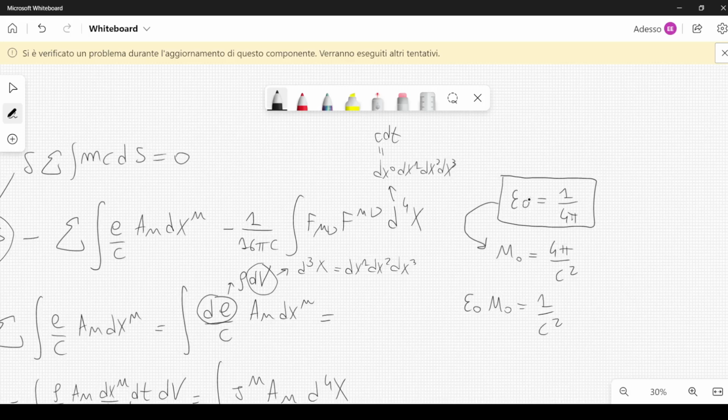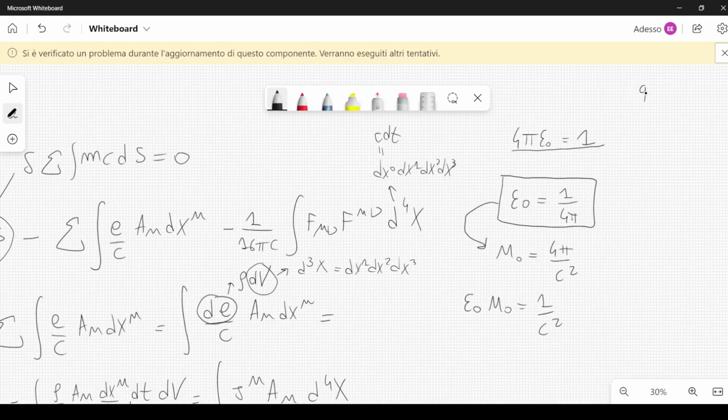And why is it convenient to write the equations in terms of this system? Well, because, for example, if you take a look at this, you see that 4 pi times epsilon 0 is equal to 1. And this is particularly convenient when, for example, you deal with the Lorentz force or you deal with the Coulomb force. Because in the Coulomb force, when you have just one particle, you have something like this.